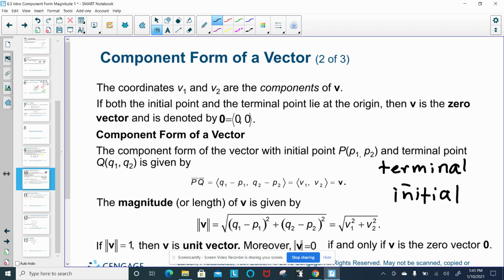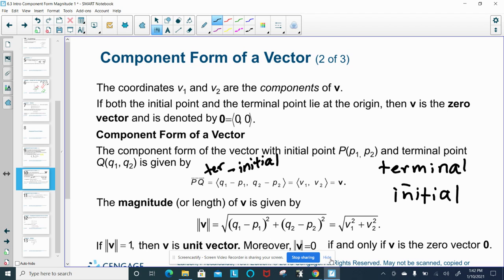So we take the x terminal point and subtract the x initial point, and take the y terminal point and subtract the y initial point. So here you're going to see terminal minus initial. And the magnitude, again, is just the Pythagorean theorem of that.